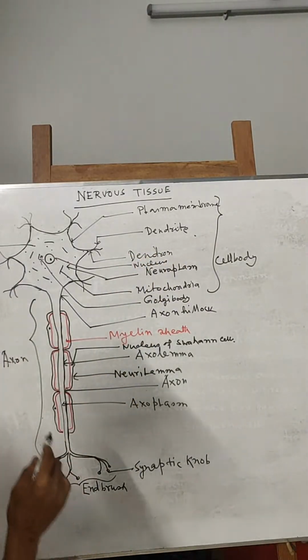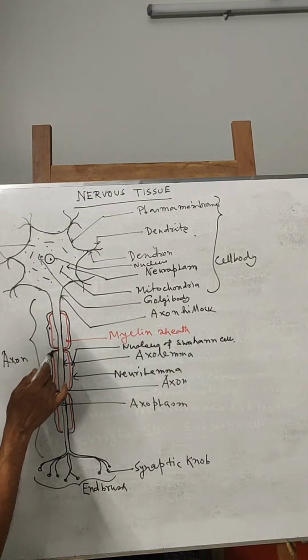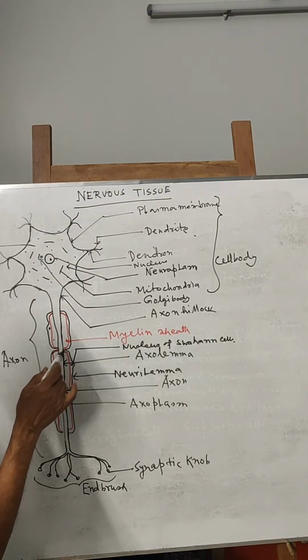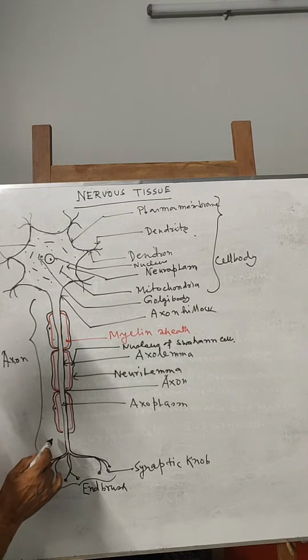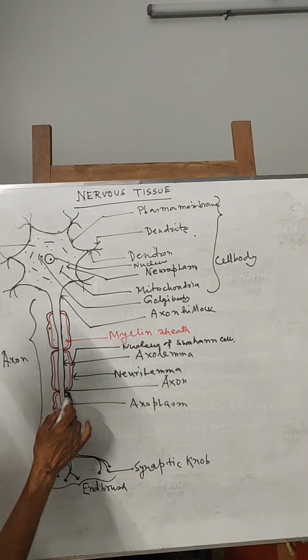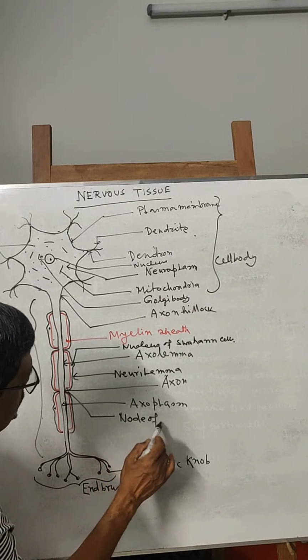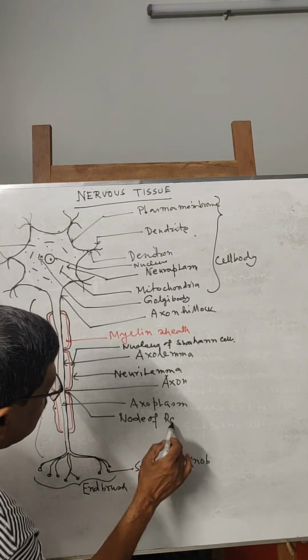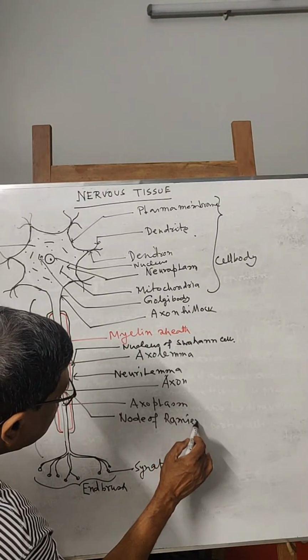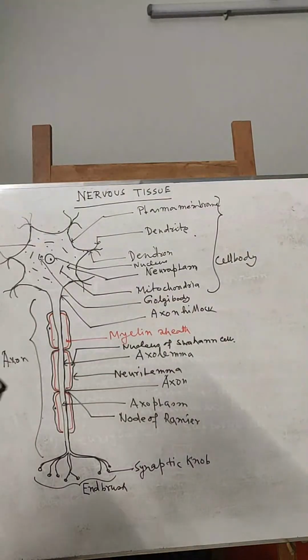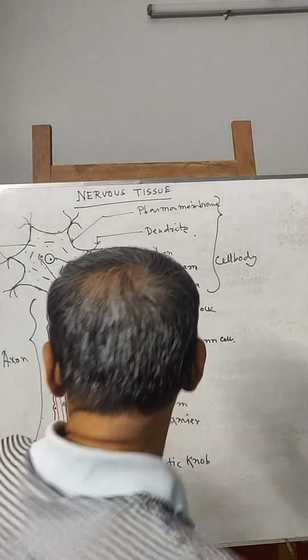Next, in between the medullary sheath, there is a gap. This forms the node. This is called the node of Ranvier.